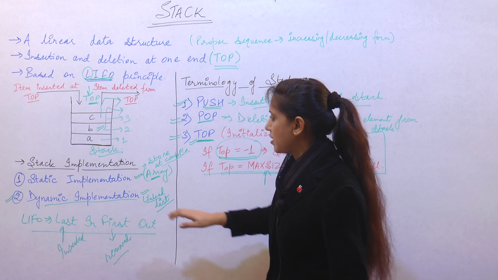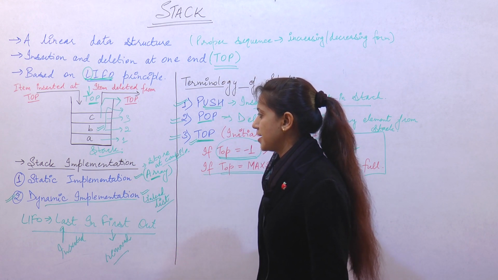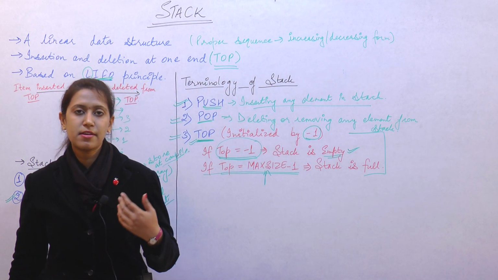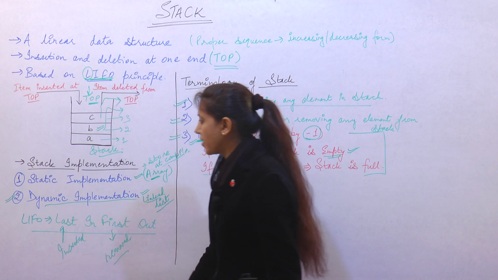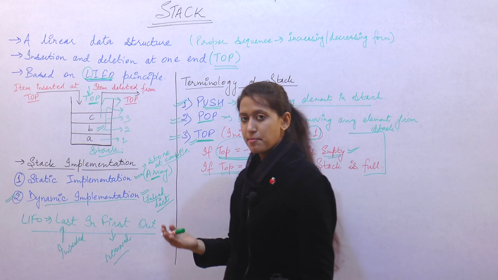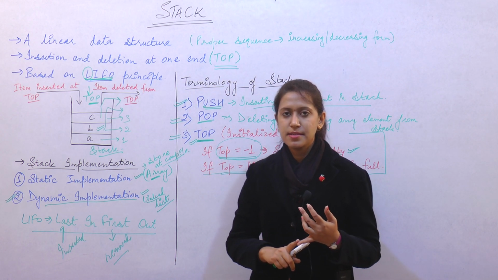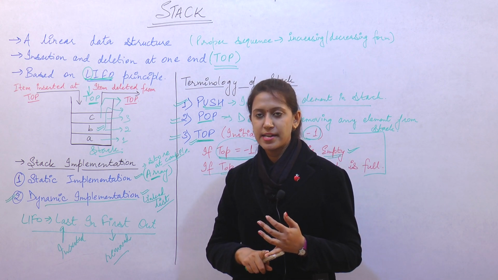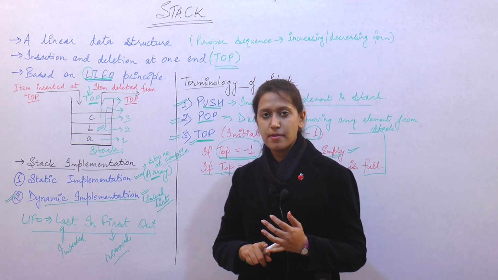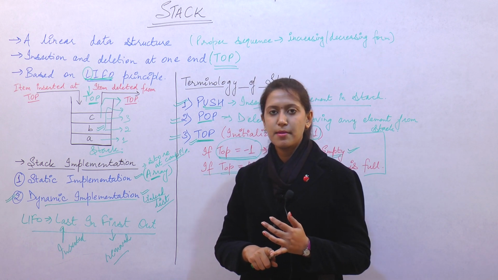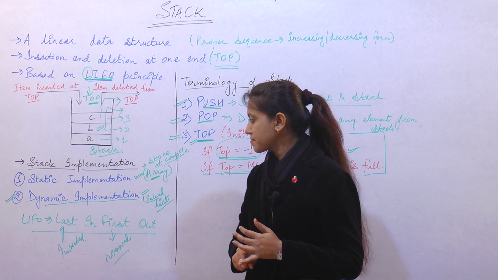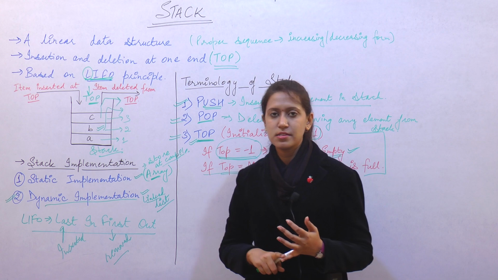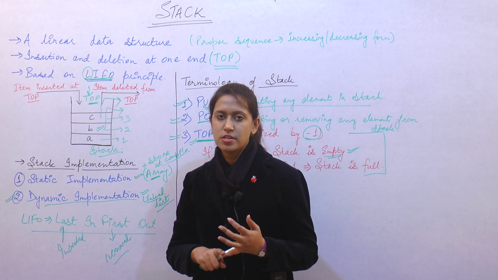After the LIFO principle we studied the stack implementation, how we can implement the stack. Stack was implemented in 2 ways, static and dynamic. In static implementation we used arrays to initialize our memory during compile time, which was not giving us the desired result because there was either wastage of memory or shortage of memory.